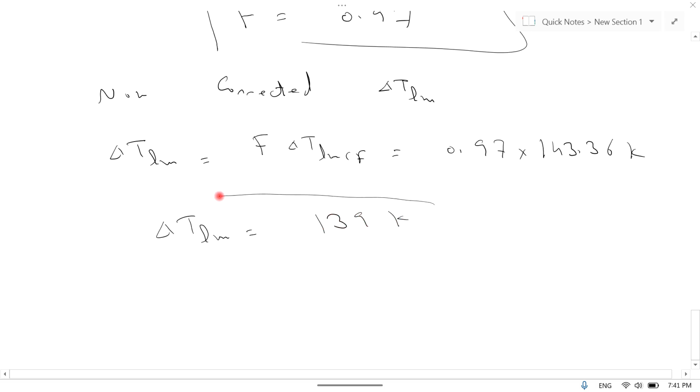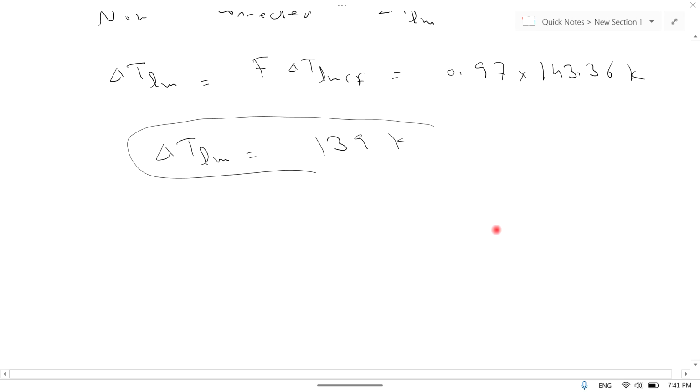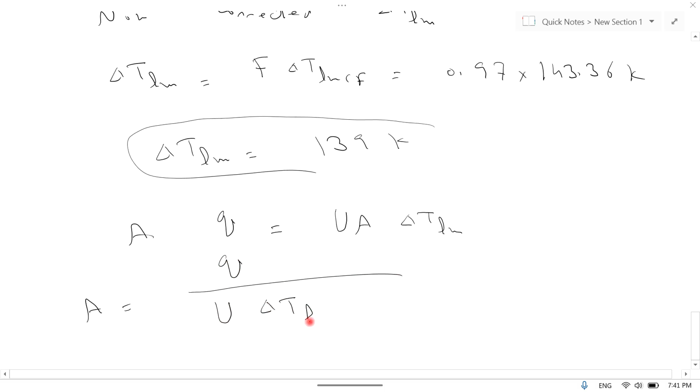Now we can find the area. As Q is equal to U A into log mean temperature difference, A is equal to Q divided by U into log mean temperature difference.